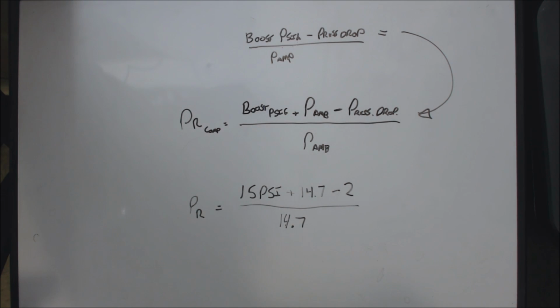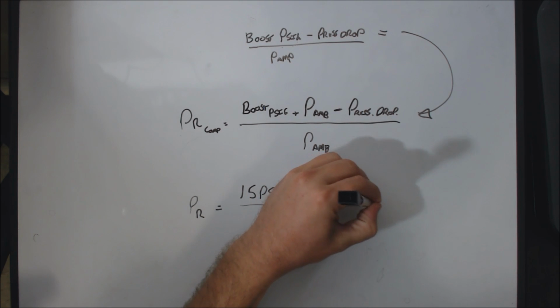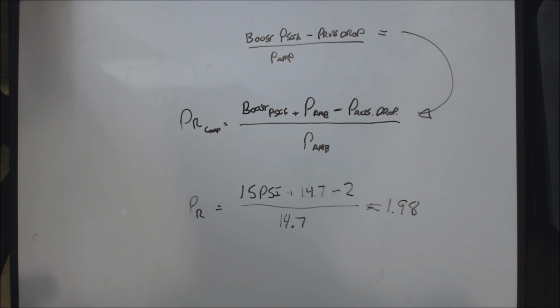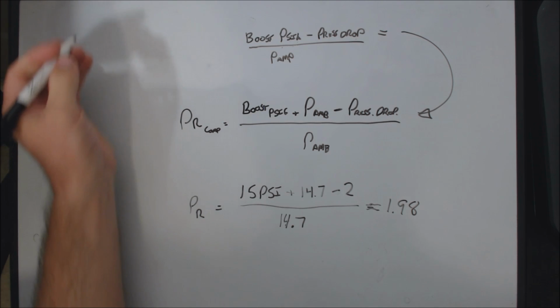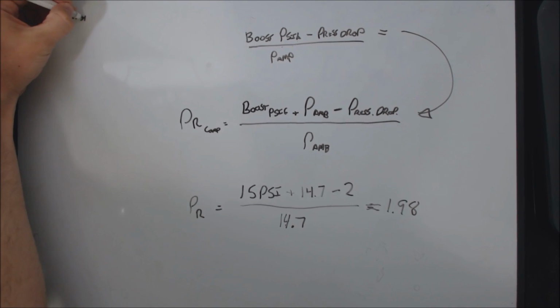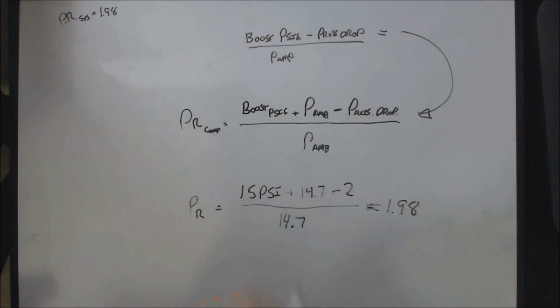And that comes out to be about 1.98. So almost twice the pressure inside the intake tube as in the surrounding air after the air exits the compressor and the intercooler. I will write that here, the pressure ratio of the system, and we'll use that for later.